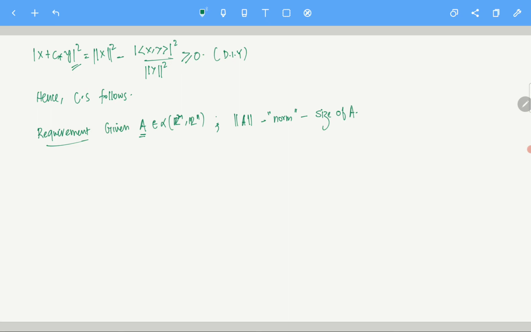It's not literally a vector, but you can think of it as one, and we can try to define a norm on that thing. This is what we need to do, and we are going to do it in the next video.